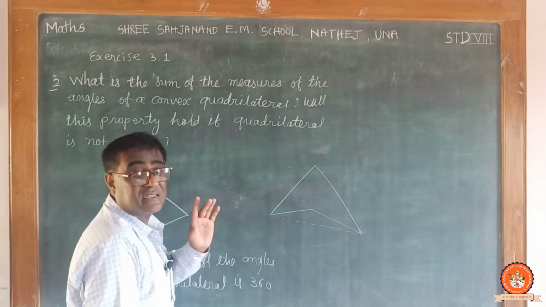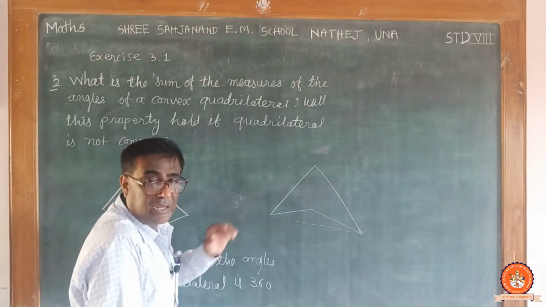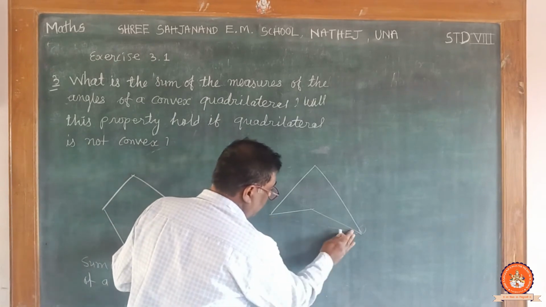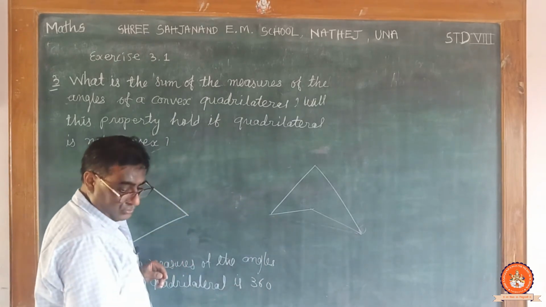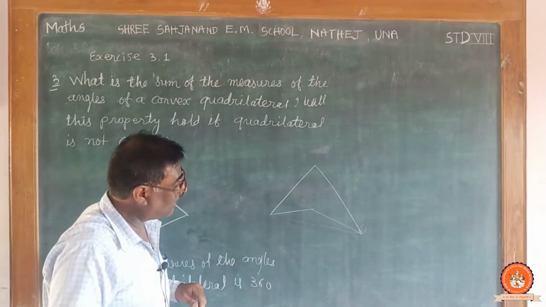This is why this one is a concave quadrilateral. Non-convex means concave. Now we have to see whether this property holds for this one or not.